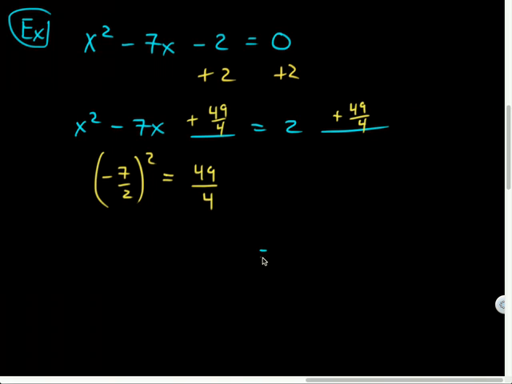So on the left, I'll start on the left this time. That factors to be x with a what, all squared? Negative 7 halves, 7 over 2, right? And check this out, friend. Well, I'd have to find a common denominator there.